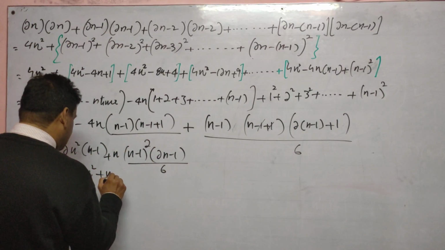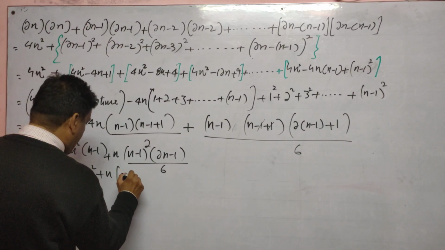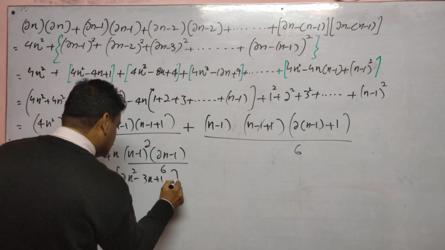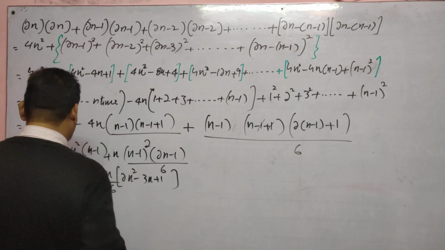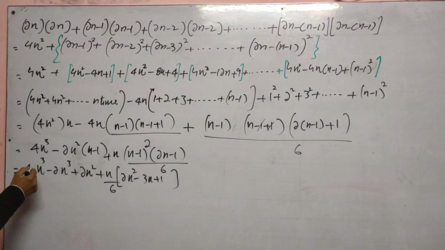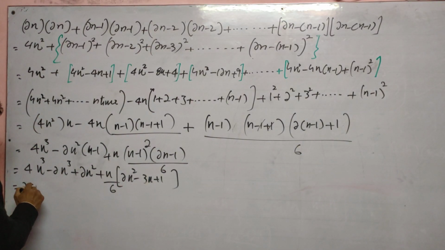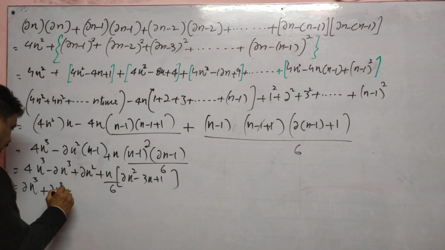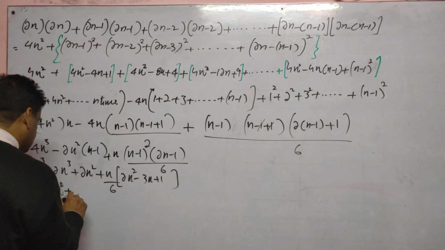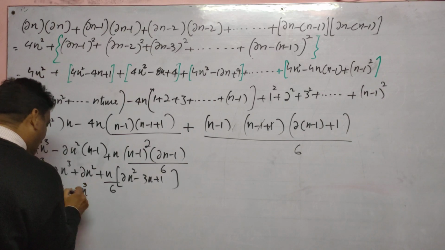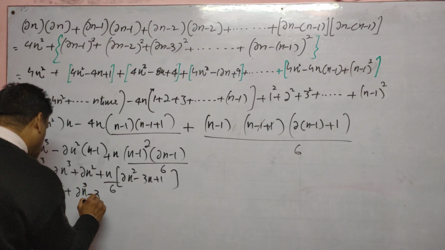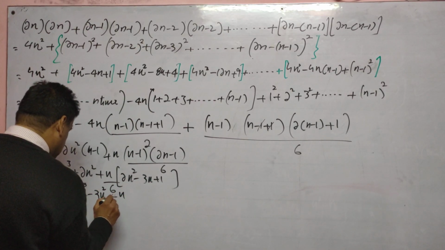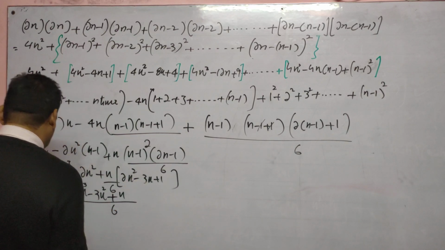We write plus n times 2n squared minus 3n plus 1, divided by 6. 4n cubed minus 2n cubed is 2n cubed, plus 2n squared plus n times, we write, 2n cubed minus 3n squared plus n, divided by 6.